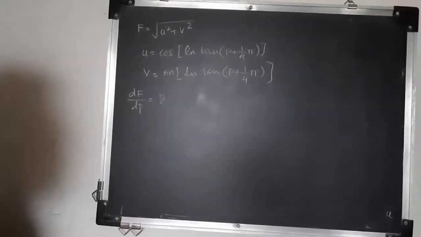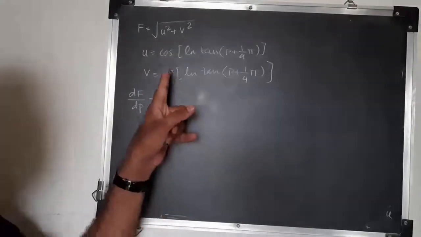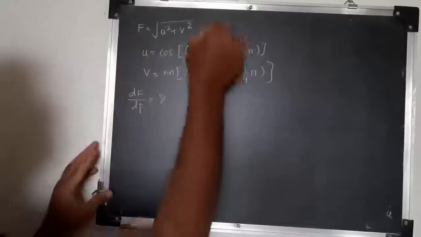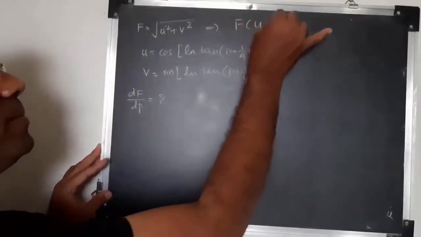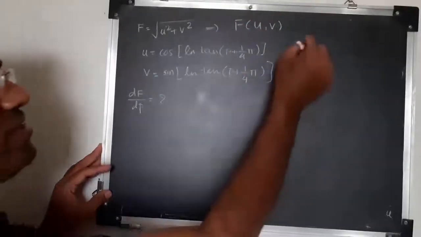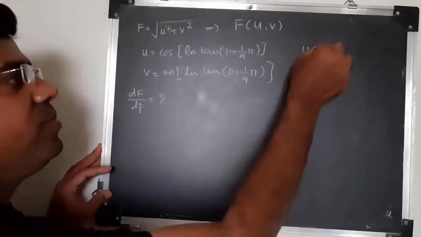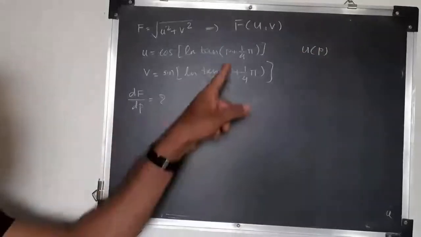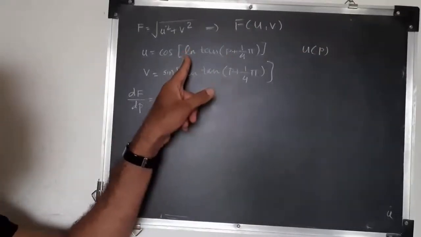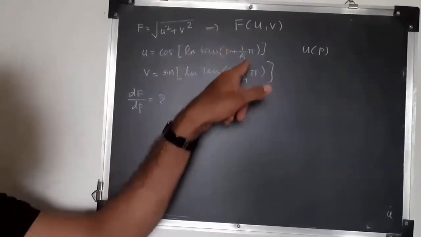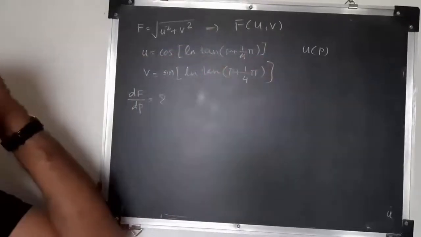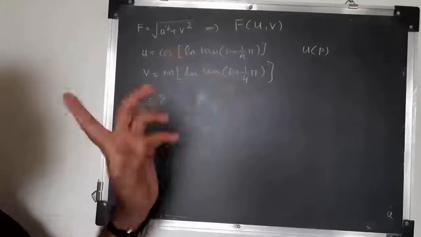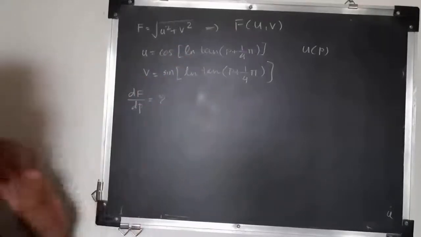See, f is a function of u and v, and u is a function of p. It depends upon several things, ln, tan, and so on, but this is very simple; you can go the straightforward way.